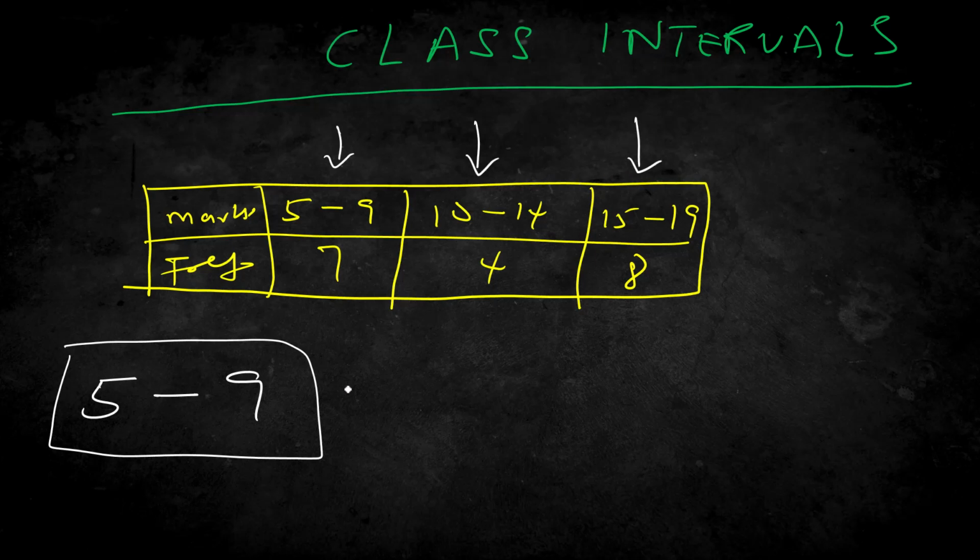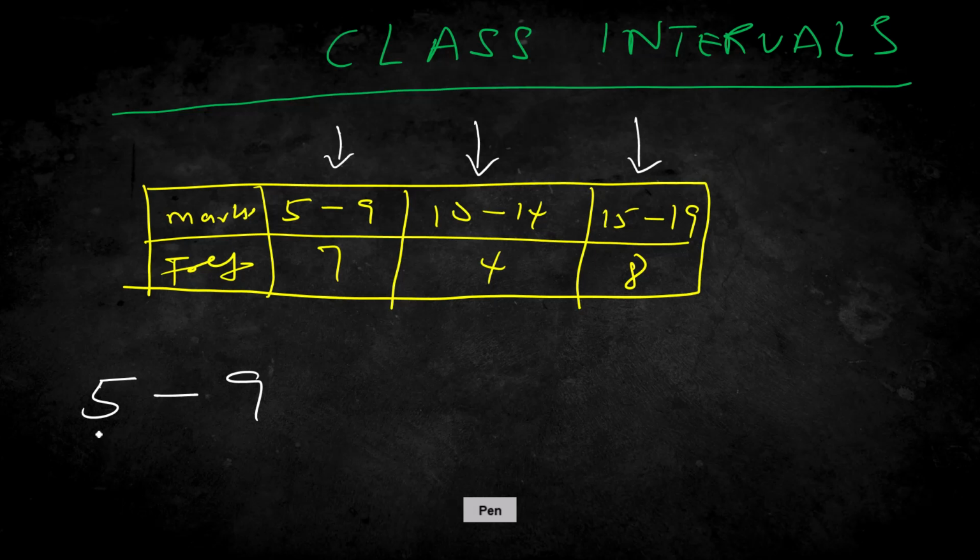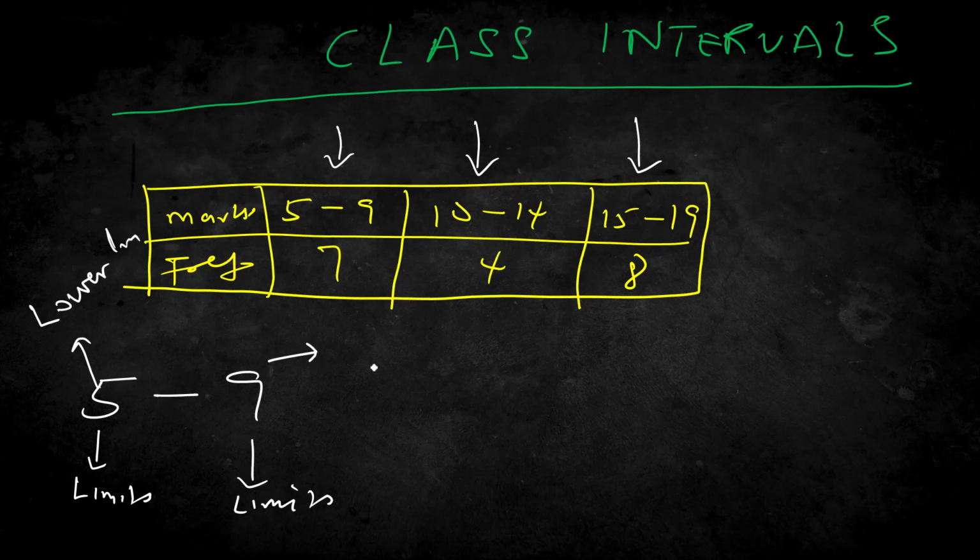We have the end values of the class intervals called the limits. Remember, the smaller number here is called the lower limit, and this one is called the upper class limit.